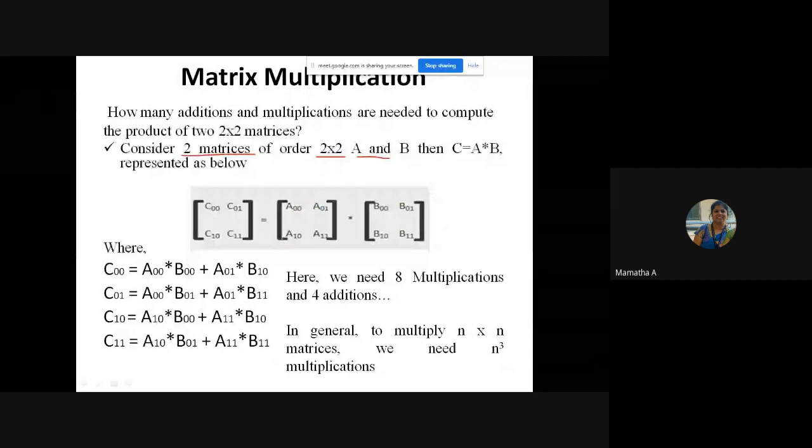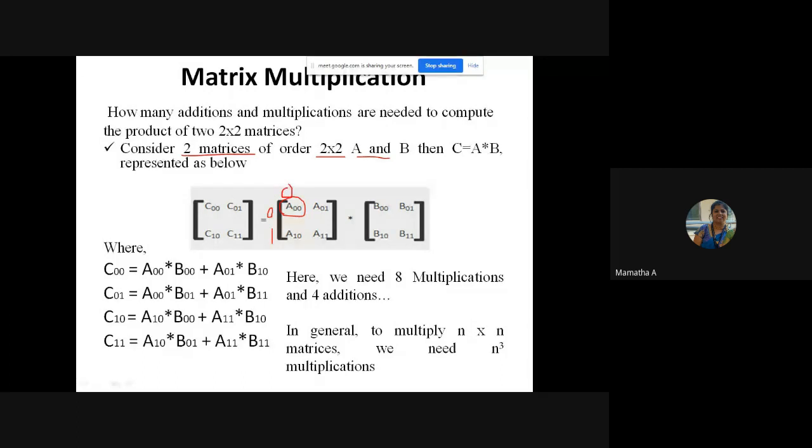The elements of 2 cross 2 I have written as A00, A01, A10, A11. The reason I have written this format is 0th row, 0th column. I assume my rows start with 0 and the columns also start with 0.